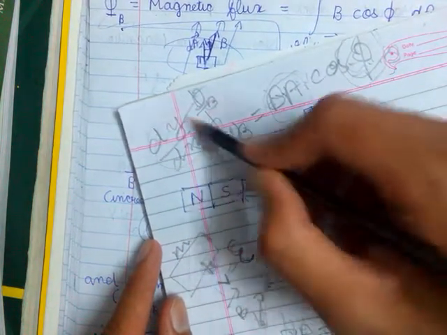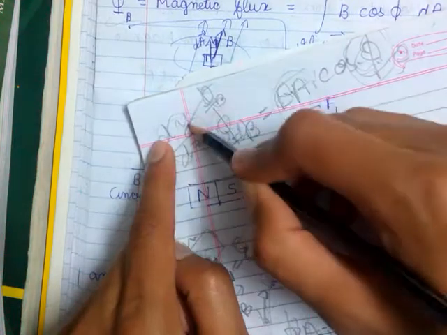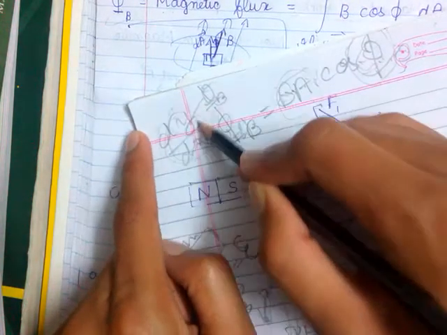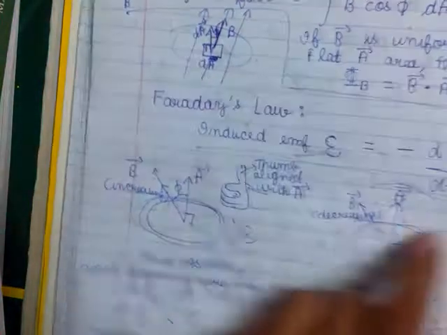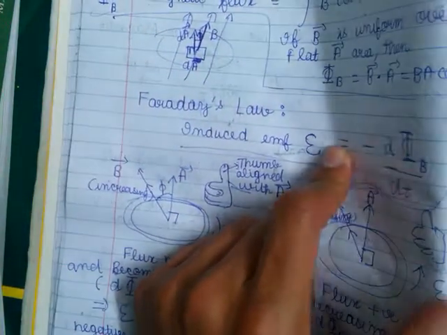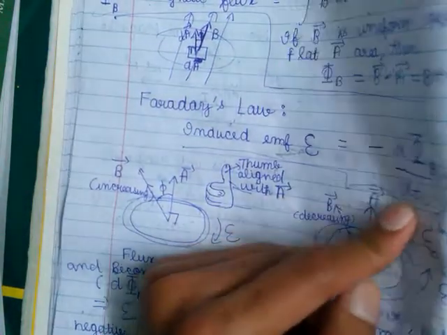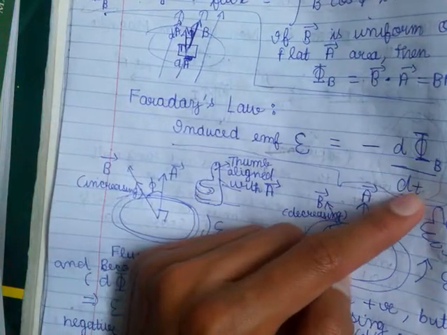This thing will represent the rate at which this above thing changes with respect to this down thing. So here this represents the rate at which the magnetic flux changes with respect to time.